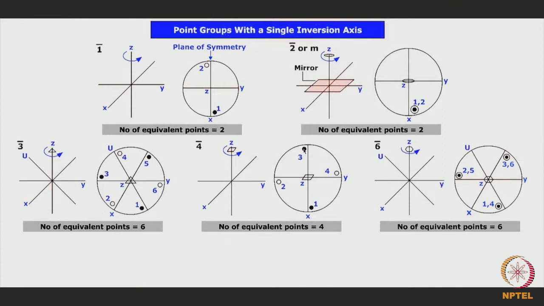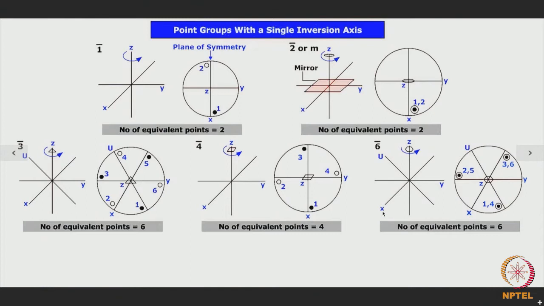The next rotation, 3 should have come to 2, but then gets inverted through the center and comes to the point 4. So, you see that the number of equivalent points produced by the point group bar 4 is simply equal to 4, 2 of them at one level and another 2 at a different level.